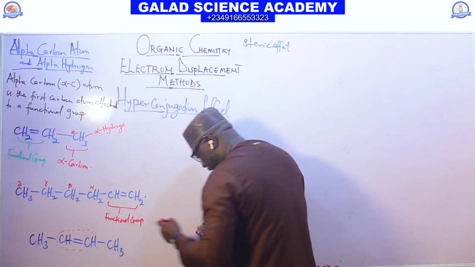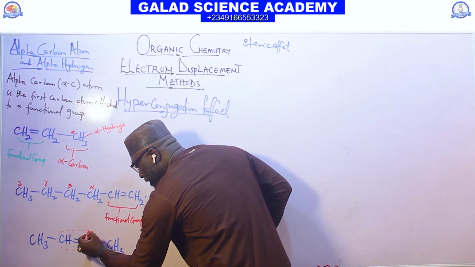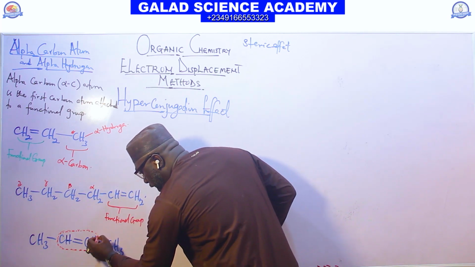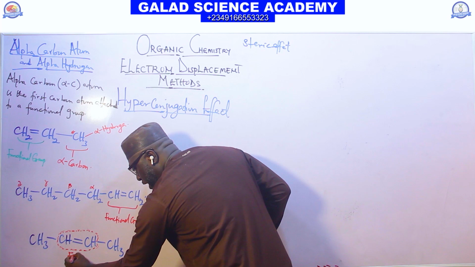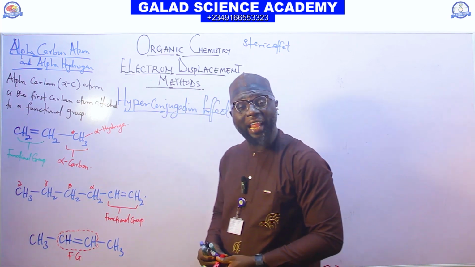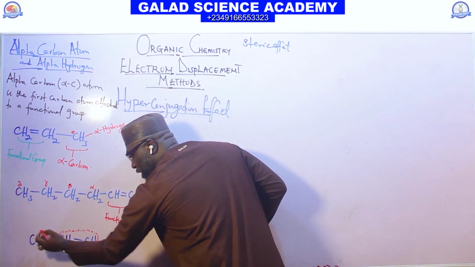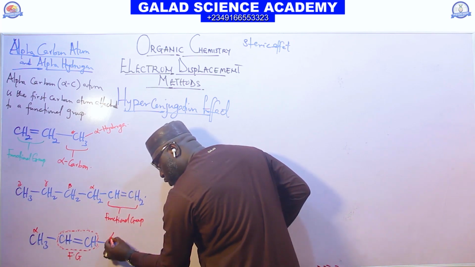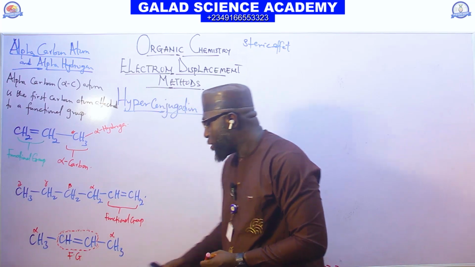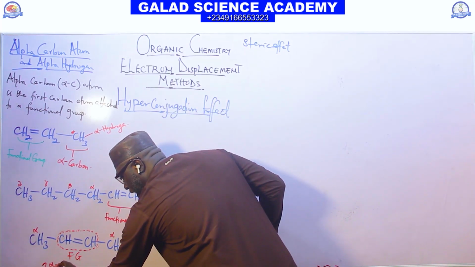Don't forget, this is the functional group. How many carbon are attached directly to the functional group? This one is attached directly to the functional group. This is also an alpha carbon. So in this structure, we have two alpha carbon.